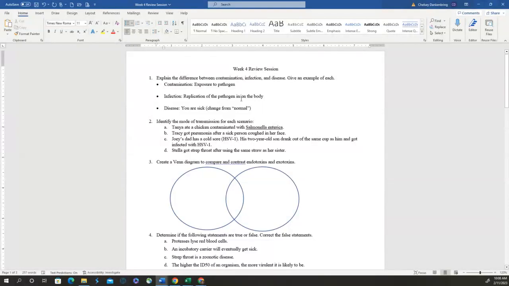And all of a sudden, my mouth's wide open, and she full-body sneezed into my face and my mouth. So at that moment, I was contaminated. The germs from her nasal cavity and mouth were now on my body. I was contaminated at that exact moment.